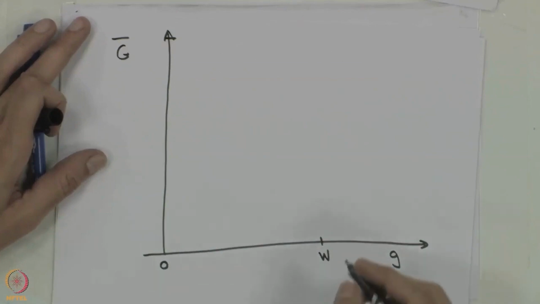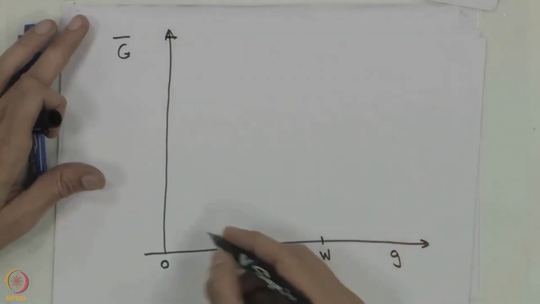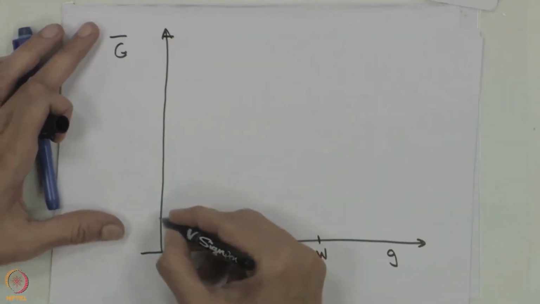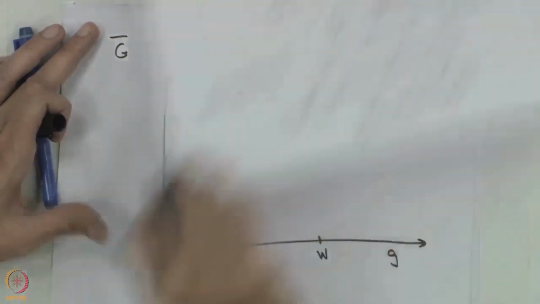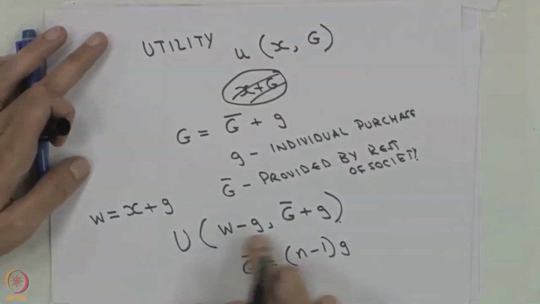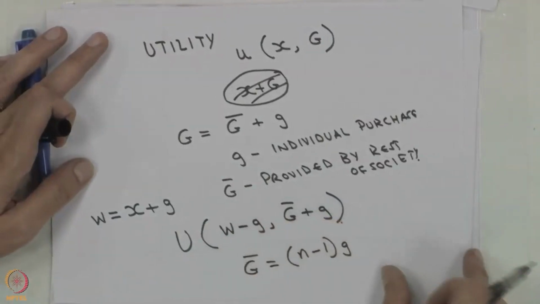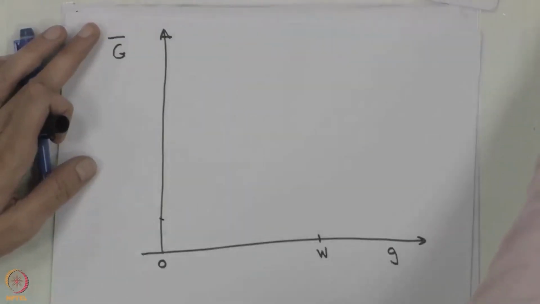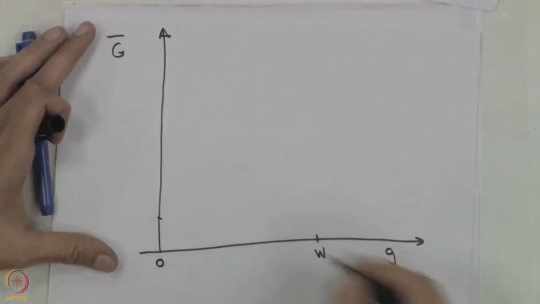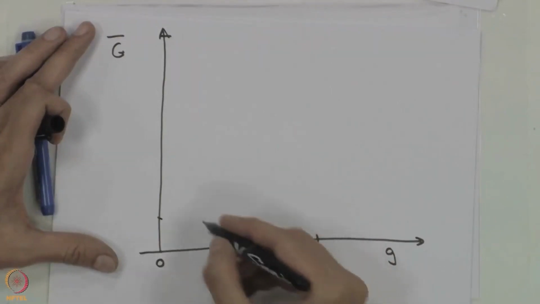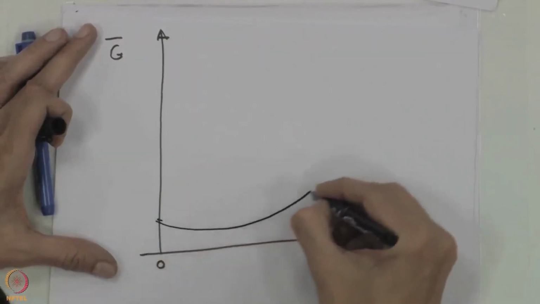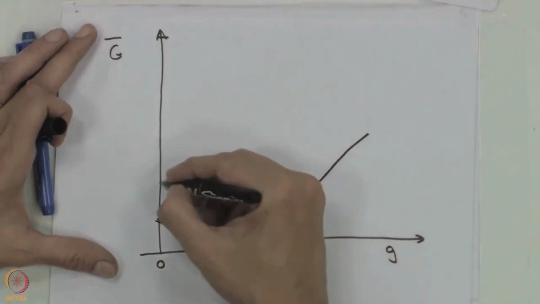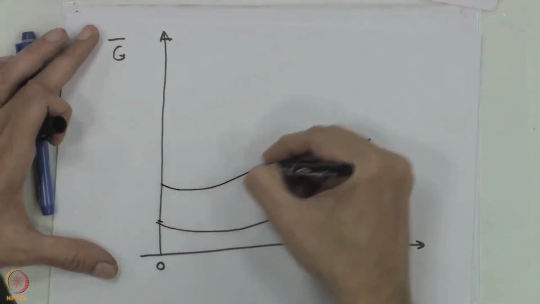Now, if you look at this, we are going to have utility functions as a function of, as we had just seen, W minus G, G plus G bar. We can draw the utility function in terms of G bar and G, and you will find that it's something like this, where it's increasing.